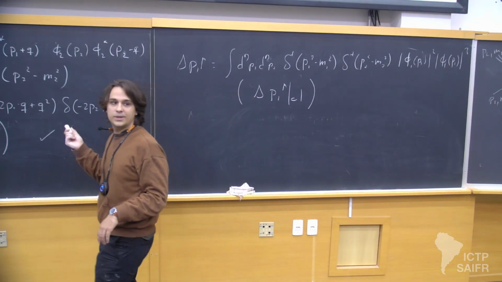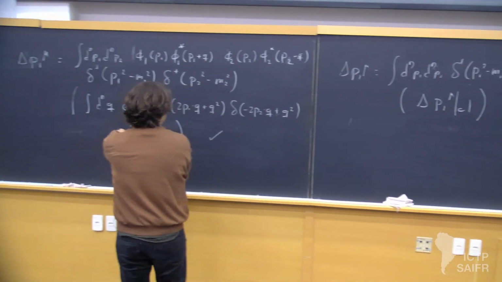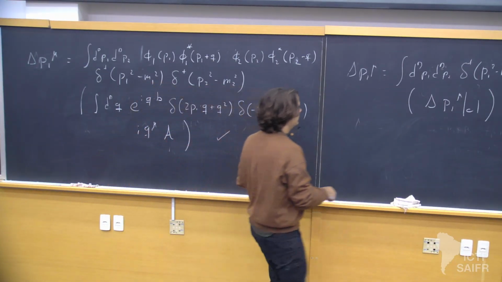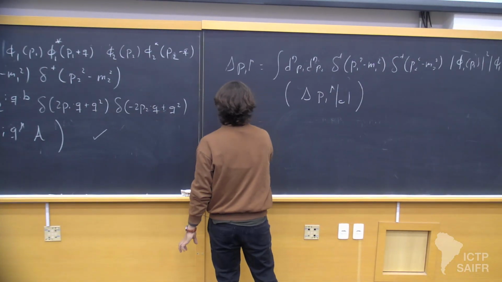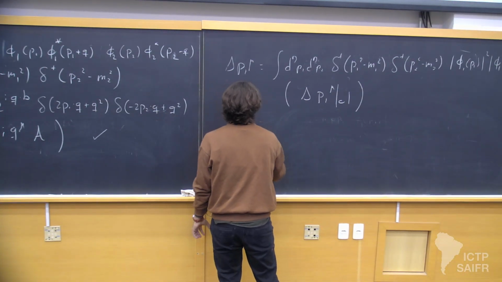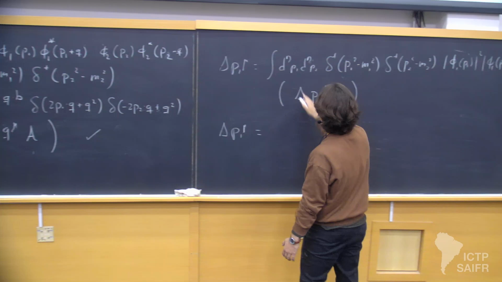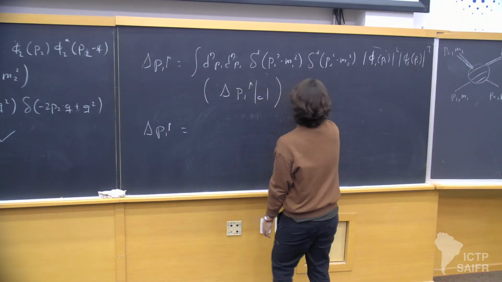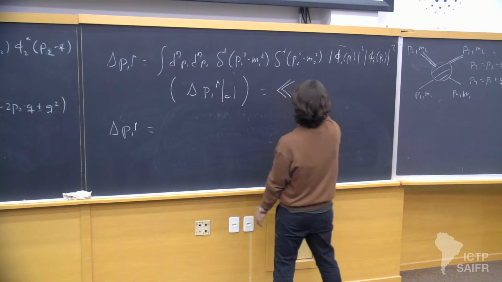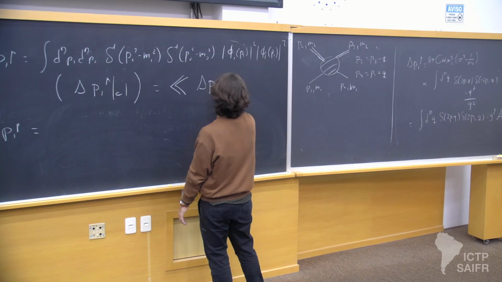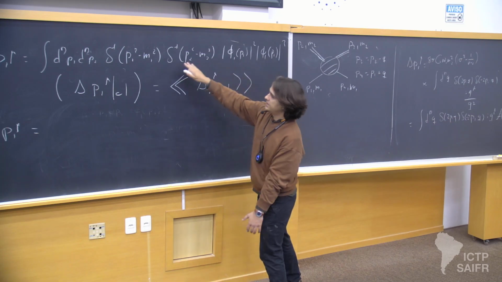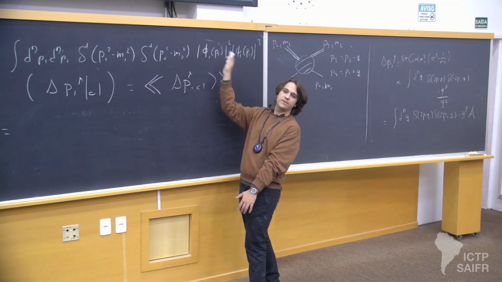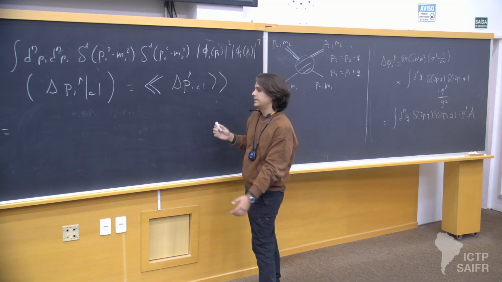Remember, there was this term with the intermediate state. So let me pictorially tell you what this corresponds to. Pictorially, this delta P we said is given by this thing. So let me write this as some double bracket of P1 classical, where by the double bracket I just mean the expectation value of having this particle in the initial state, right?